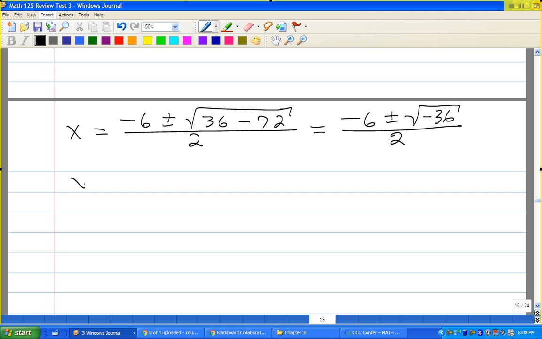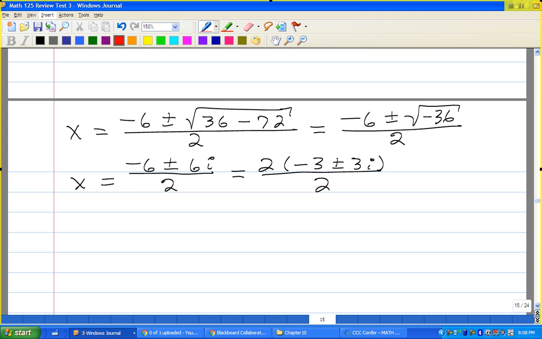And so I get that x is equal to negative 6 plus or minus the square root of negative 36, which is 6i, over 2. So I can divide, and so let me factor out a 2 from the numerator. So I have negative 3 plus or minus 3i over 2. The 2's cancel. And so I get that x is equal to negative 3 plus or minus 3i. And that is your solution.